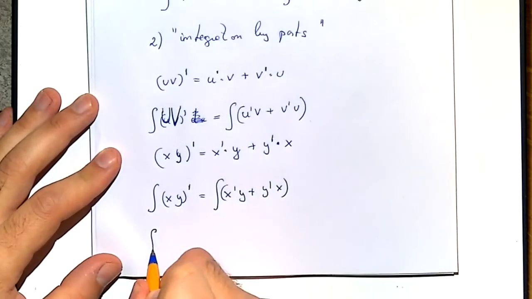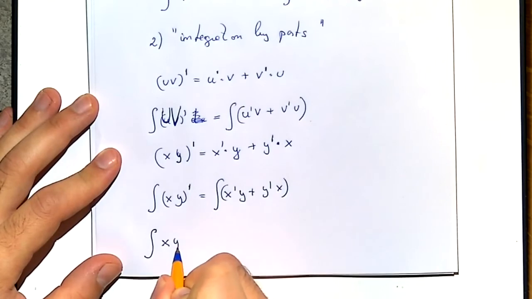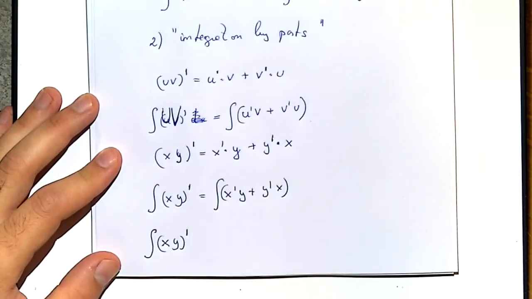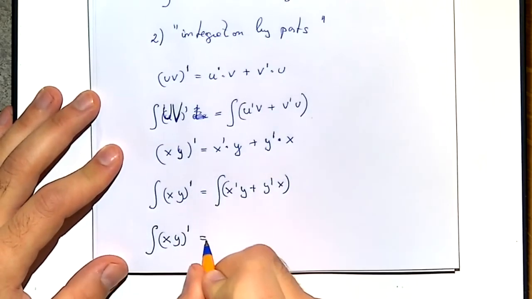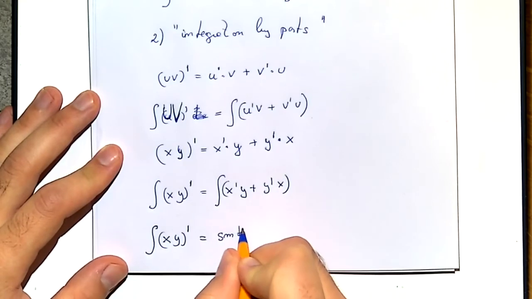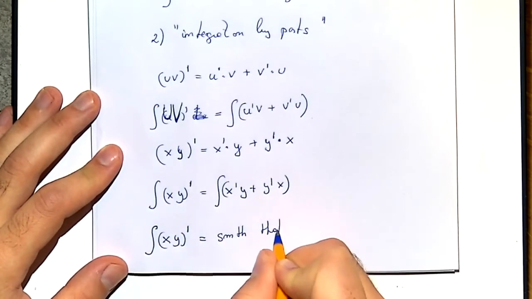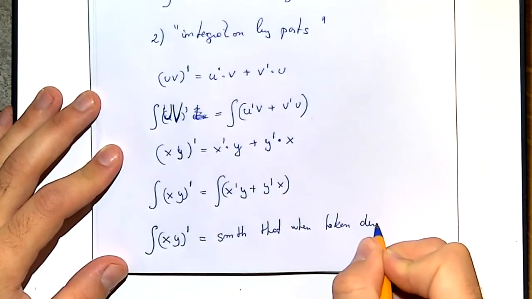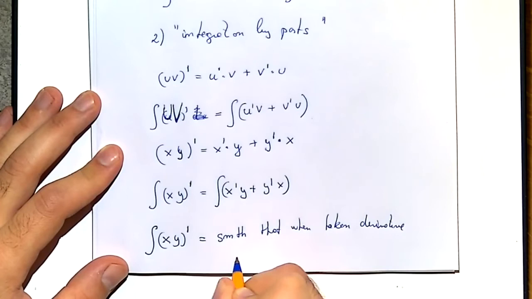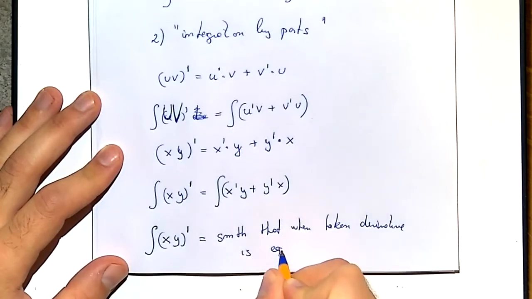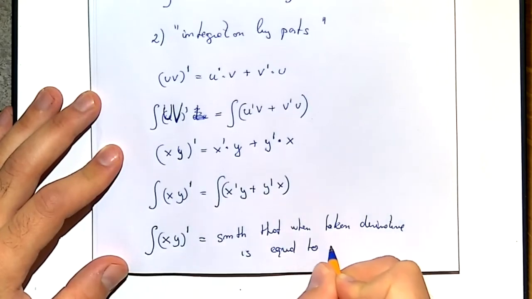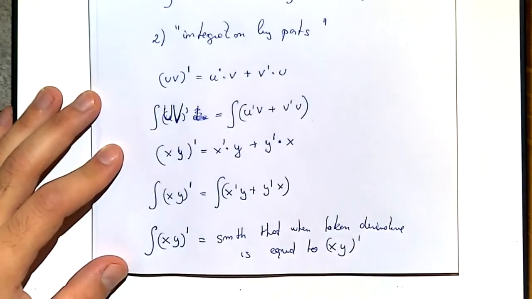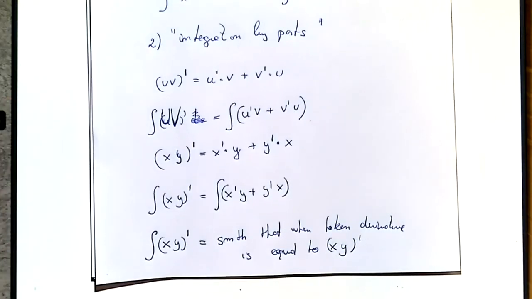What is the integral of the derivative of xy? It is something that, when its derivative is taken, is equal to the derivative of xy. What can it be? It's just xy, right?